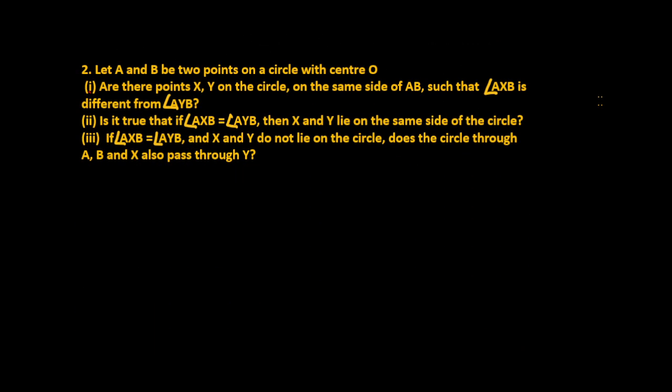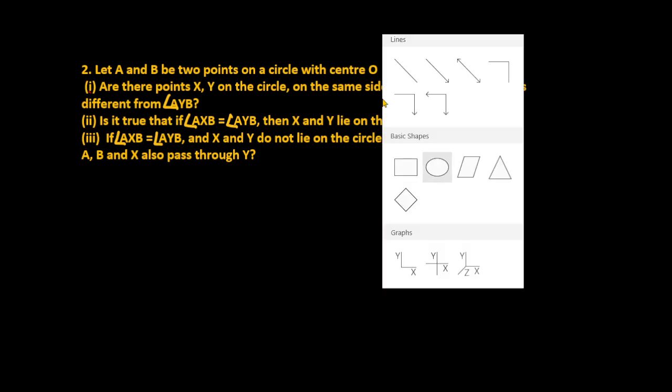Second question: let A and B be two points on a circle with center O, and let X and Y be points on the circle on the same side of AB, such that angle AXB is different from angle AYB.